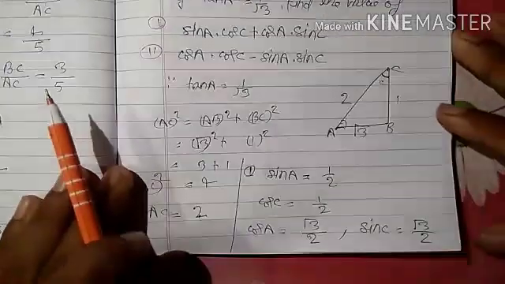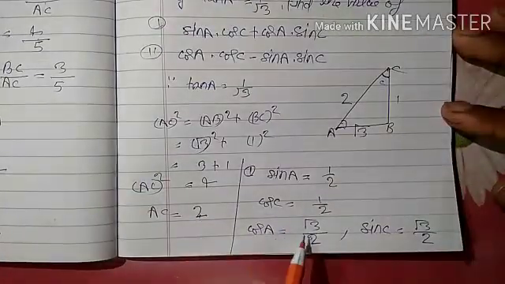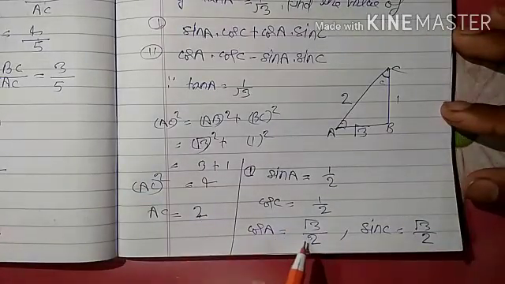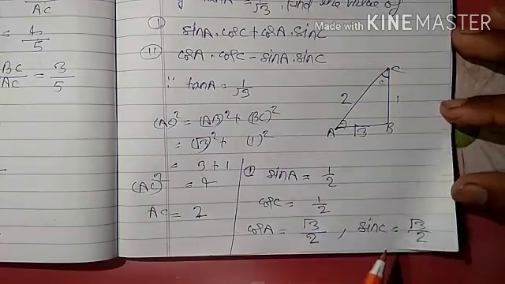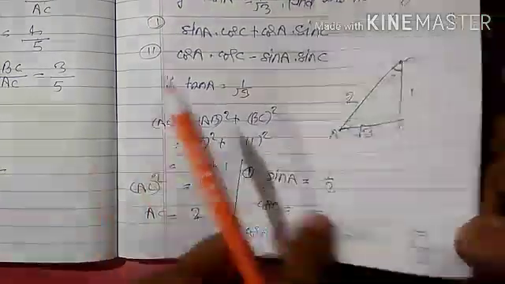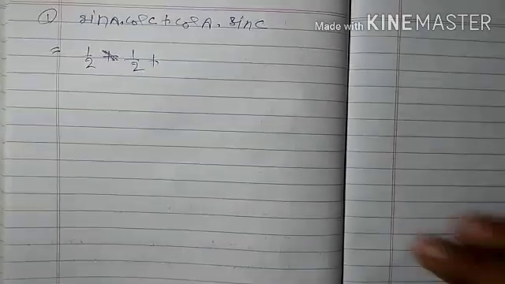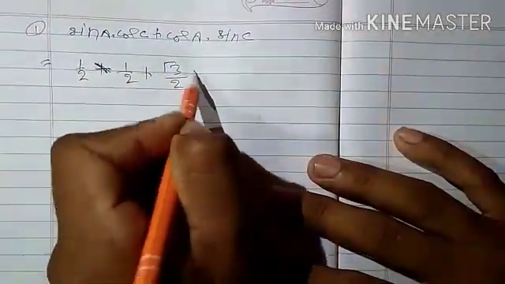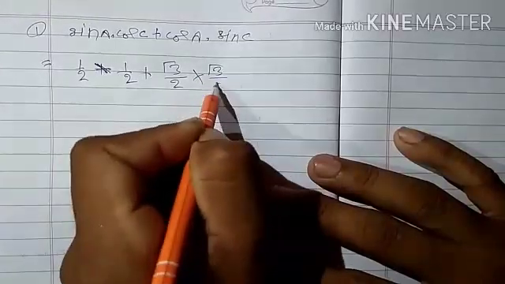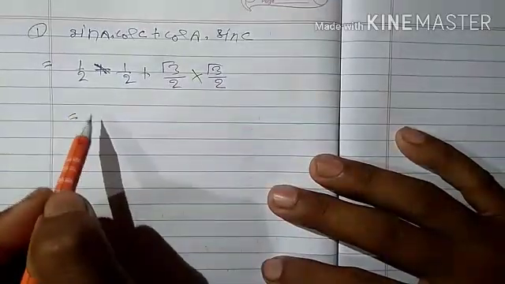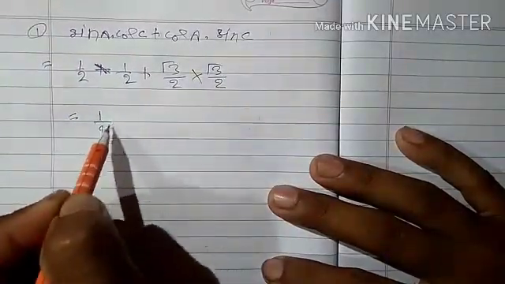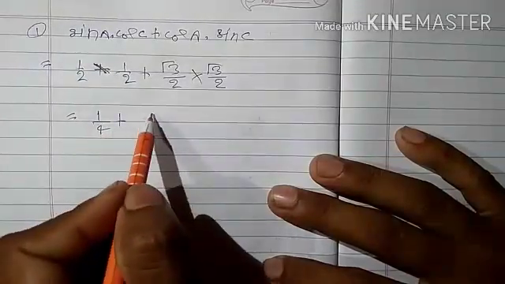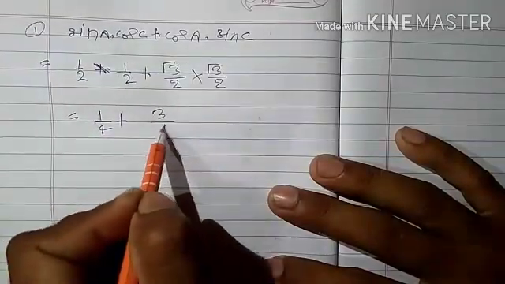So the value of cos A is equal to square root 3 by 2 and sin C is equal to also square root 3 by 2. So we write square root 3 by 2 into square root 3 by 2. So we multiply 1 by 4 plus 3 by 4.